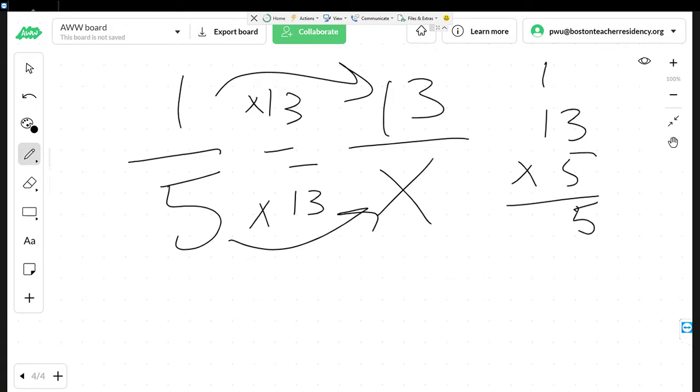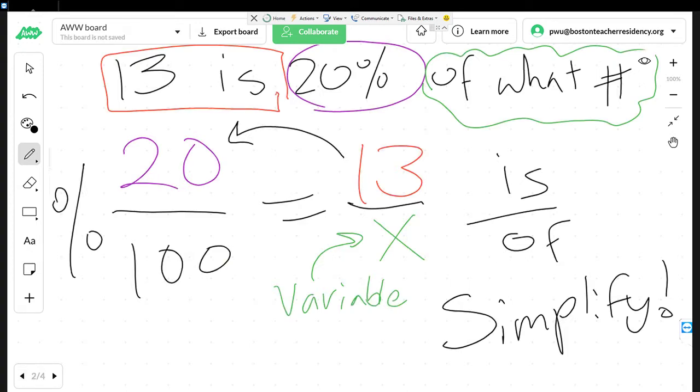Carry the 1. 5 times 1 is 5, add the 1. We have 65. So x equals 65. Or, if we look at our original problem, 13 is 20% of 65. The number we're looking for is 65.